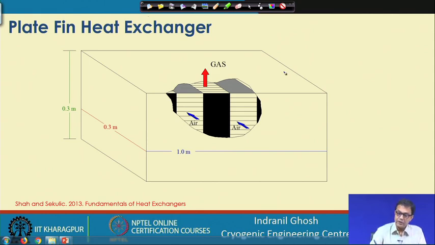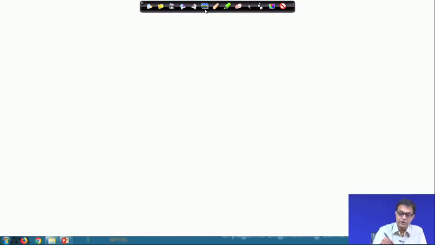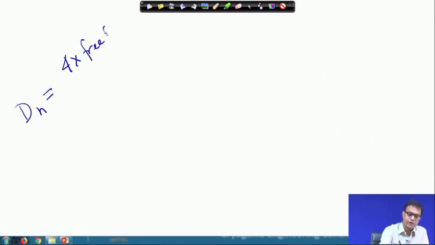The hydraulic diameter dH is equal to 4 times the free flow area A0, divided by the wetted perimeter. That was the definition we have adopted for the hydraulic diameter.